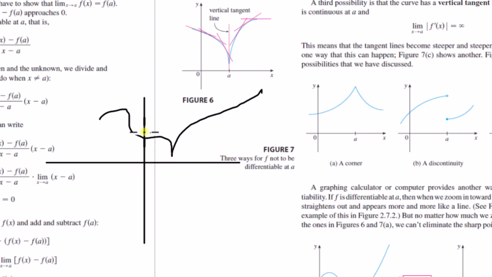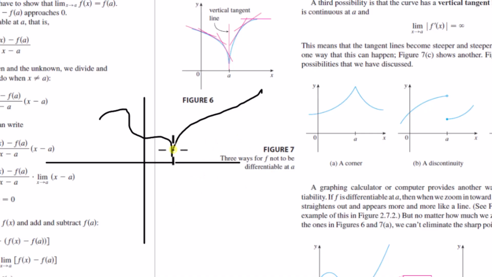The function is still not differentiable here, but what's unique is that when you take the derivative approaching this point from the right, the limit does not exist, so the function isn't differentiable. However, it's going to be an infinite limit. The derivative limit is going to approach infinity.